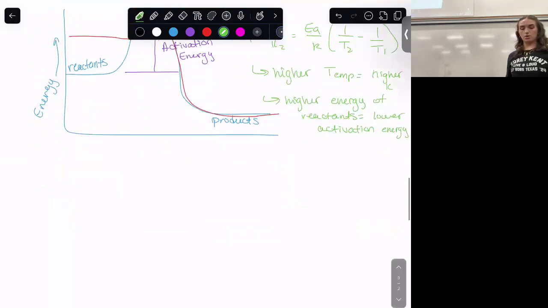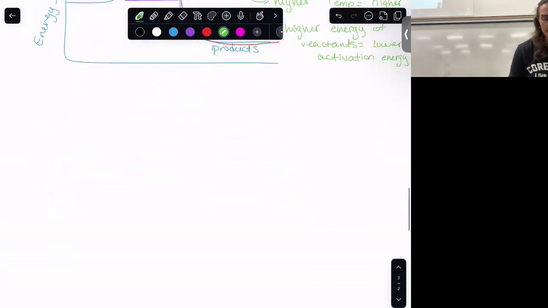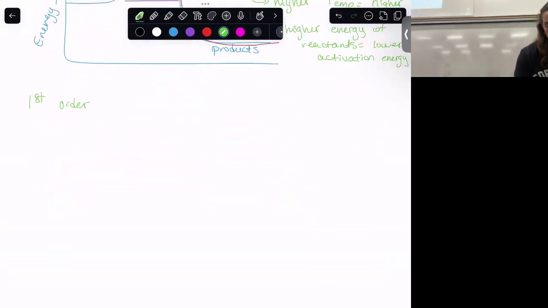You would get, for first order, that's the one I know the best, the ln of A at T is equal to negative kt plus the ln of A initial. You'll get that integrated rate law, and then you'll get T1/2 is equal to the ln of 2 over k. And that's the half-life.